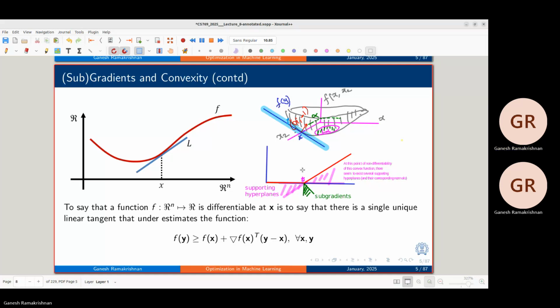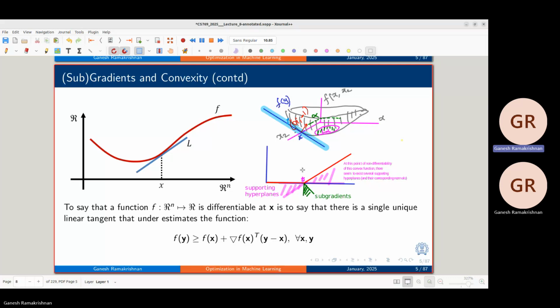Okay, so anything between this and this is supporting, correct? So by identifying this normal, the two normals have also given me a set.